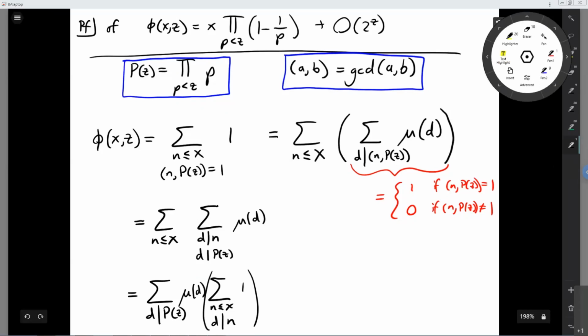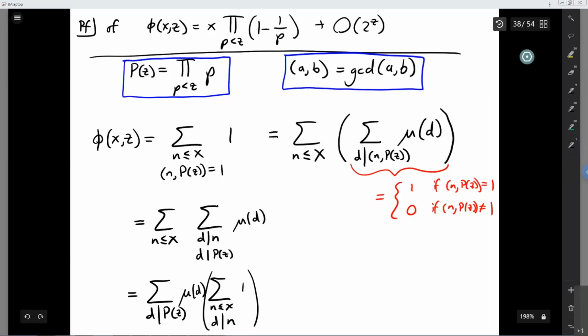And so we can evaluate it by re-indexing the sum. If d divides n, we can write n as m times d. And then n less than or equal to x means the same thing as m less than or equal to x over d.